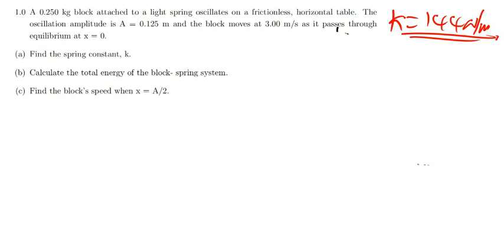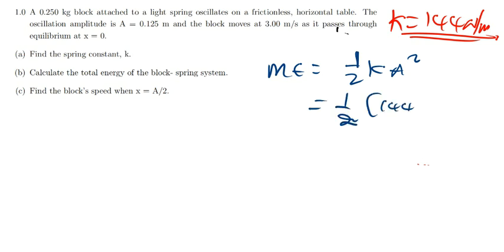Part B, we want to calculate the total energy of the spring. The total energy is the mechanical energy. So the mechanical energy is given by half kA squared. In this case, the k value is 144, and the A we have been given is 0.125, which I have to square.